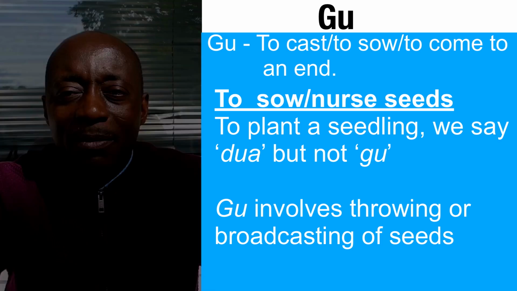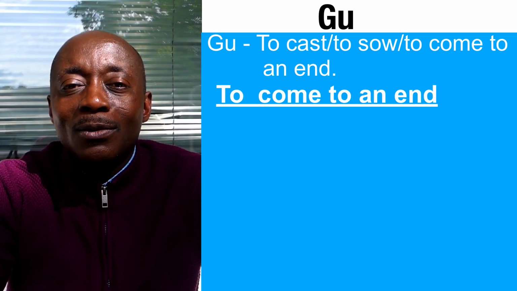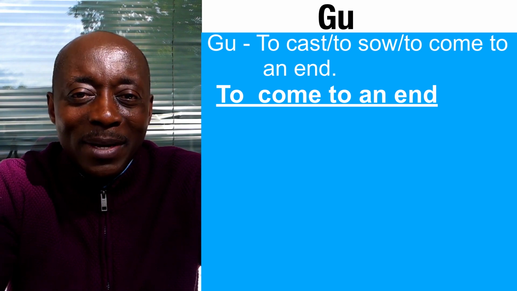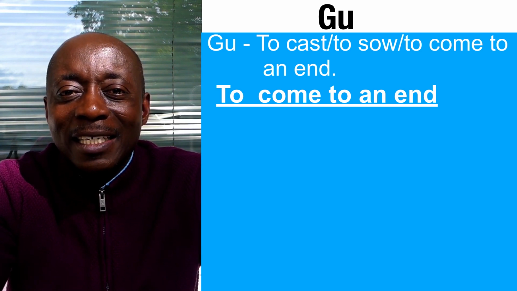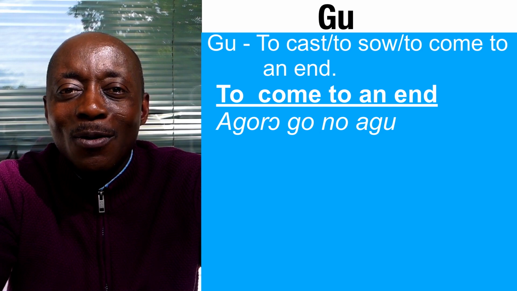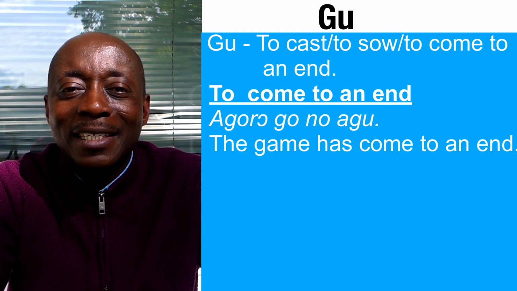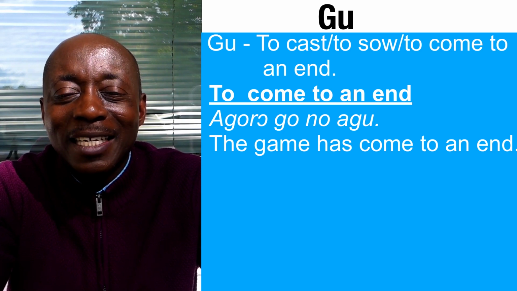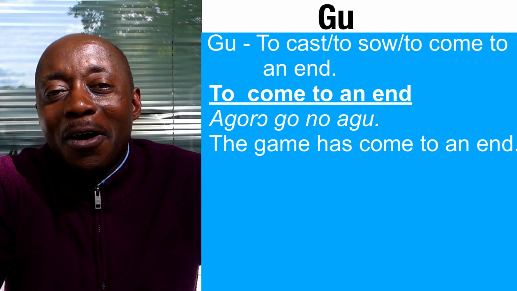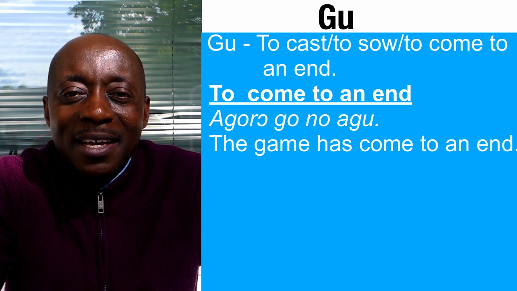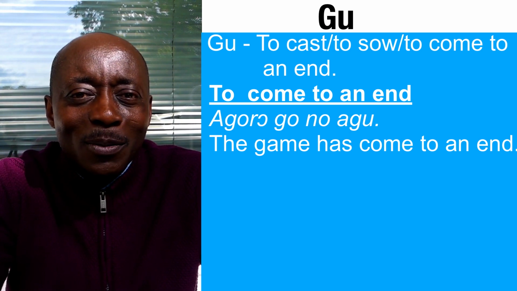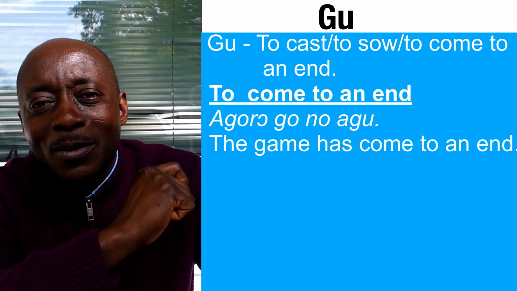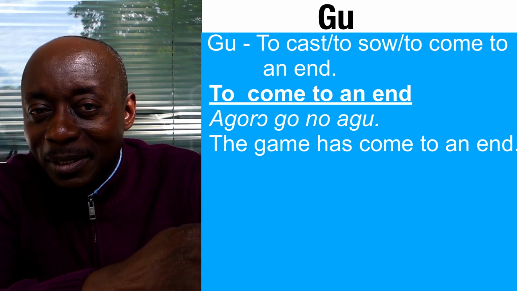The third meaning of gu could also mean to come to an end. For example, if we are playing and then it comes to an end, we can say agrono egu. That means the game has come to an end. Agrono egu. The game has come to an end. Or if you are asking of, say, a particular bank, you want me to put money in a particular bank, and then you mention one particular bank which is no more, it has collapsed.